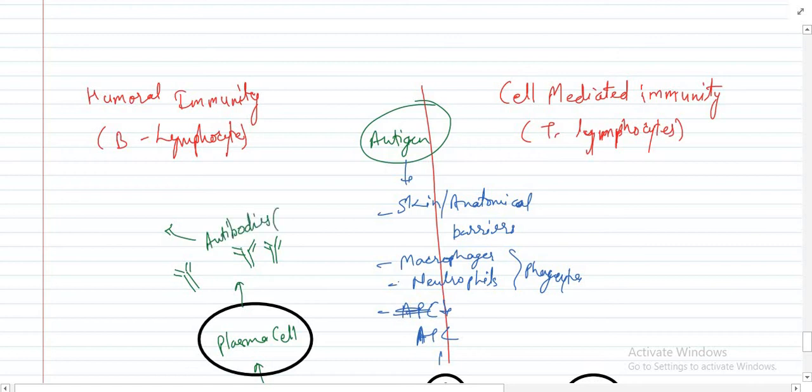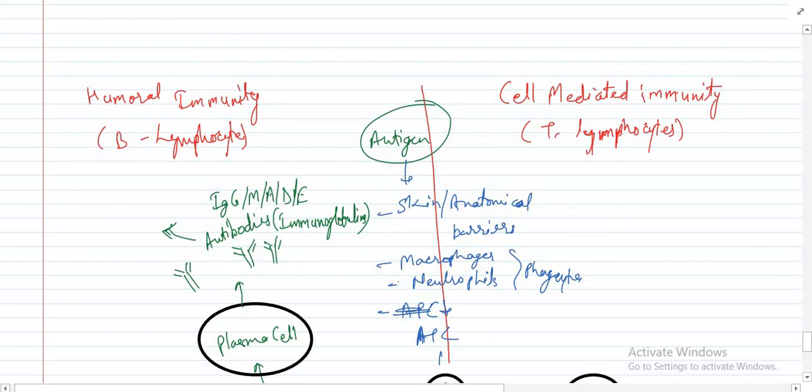Antibodies are also called immunoglobulins, and as we discussed, there are five major classes: IgG, IgM, IgA, IgD, IgE, which I already mentioned in a video present in our playlist. You can check it out.